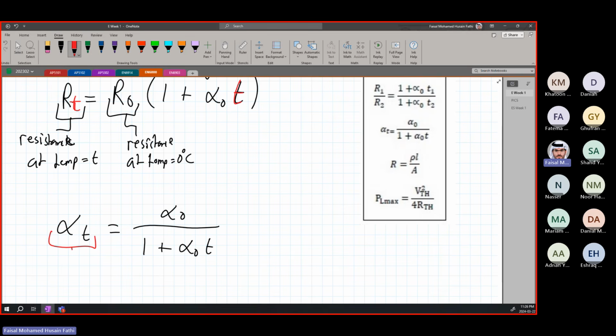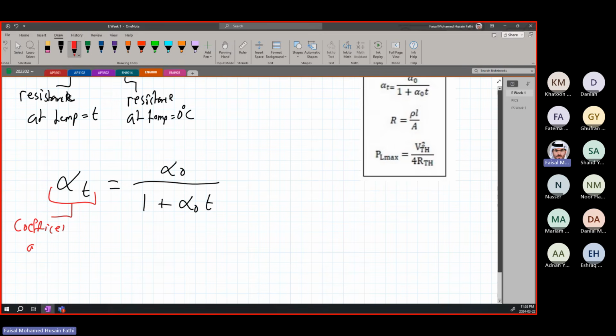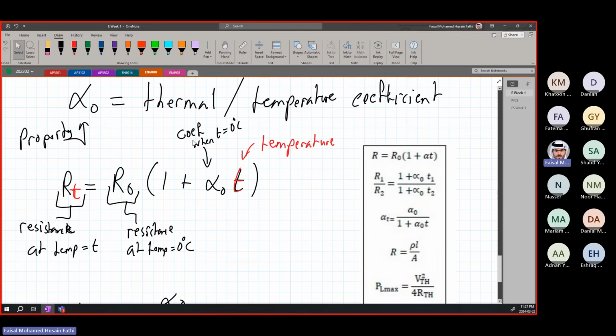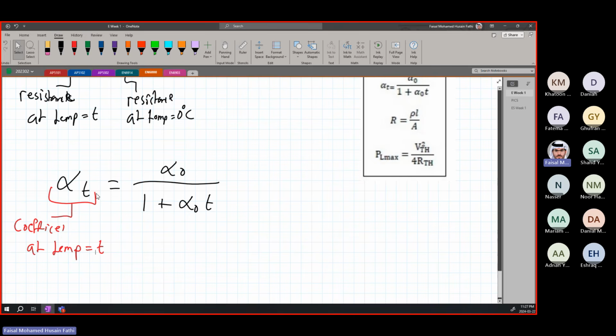This alpha T is basically the coefficient at a specific temperature T. Remember, alpha 0 is when the temperature is equal to 0 degrees Celsius. So we can also find the coefficient at a specific T if we are given the initial coefficient at temperature 0.